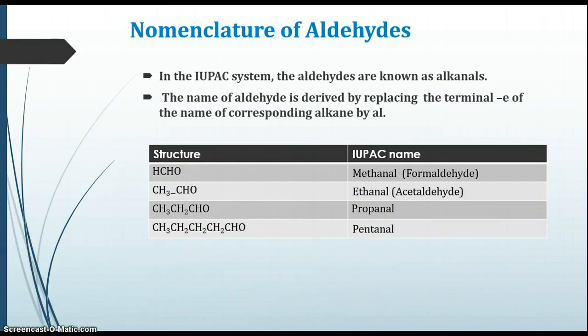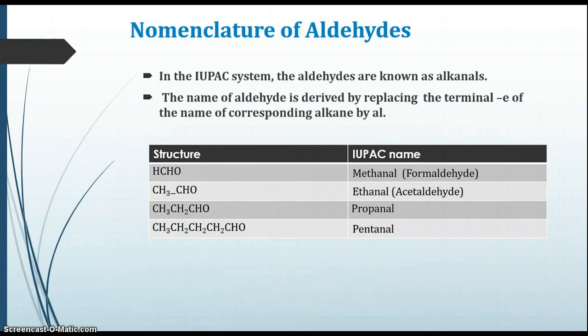As you can see in the second example, there is CH3CHO, which means there are two carbon atoms which corresponds to alkane ethane. Replacing the terminal E by Al, we get ethanal, and the common name of ethanal is acetaldehyde.